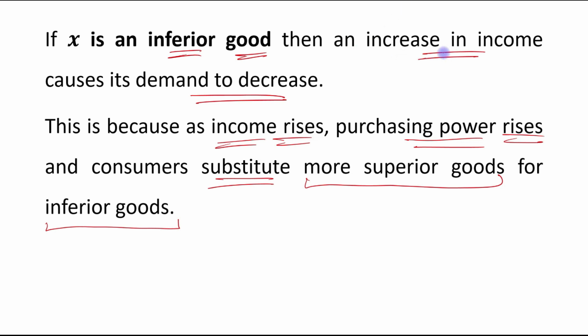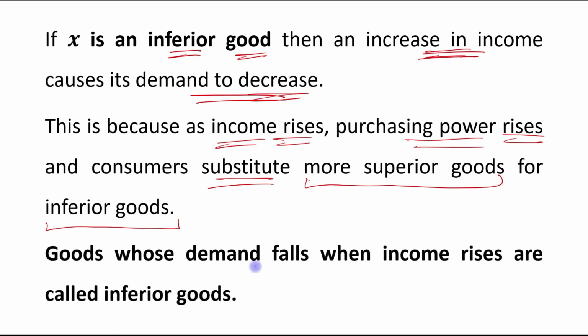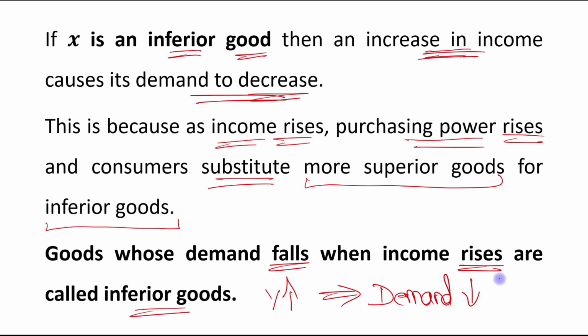And that is the reason when your income level increases, the demand for inferior goods is decreased. So goods whose demand falls when income rises are called inferior goods. तो ऐसे goods कि जब आपका income level increase होता है और demand decrease हो जाए तो ऐसे goods को हम बोलेंगे inferior goods.